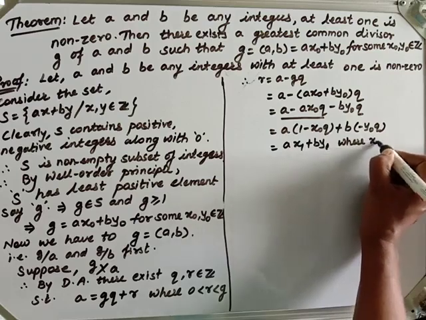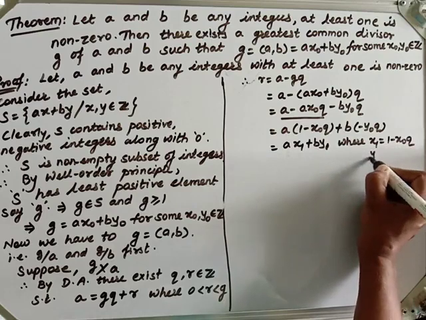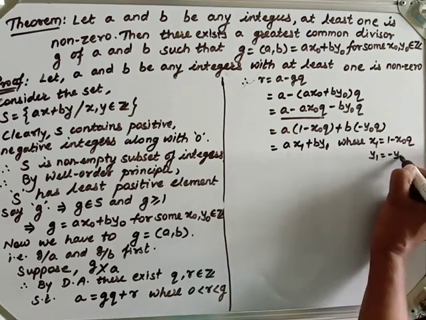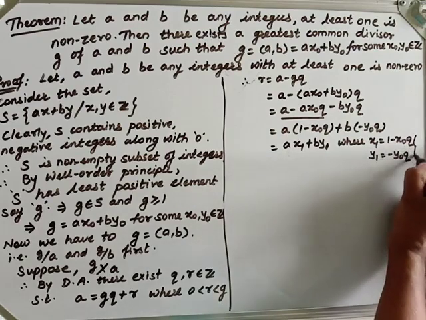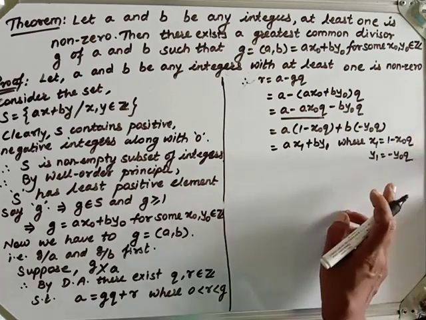Where x1 is equal to what? 1 minus x0 Q, and y1 is equal to minus y0 Q, and both are what? Integers.